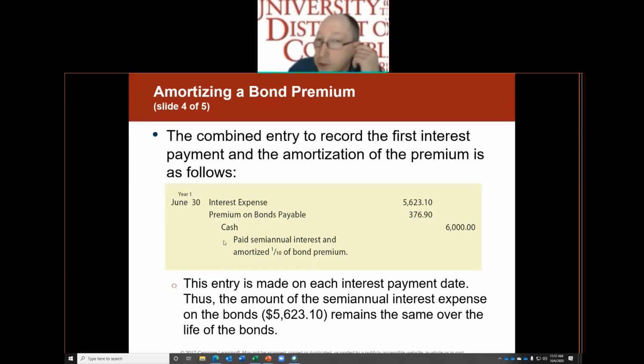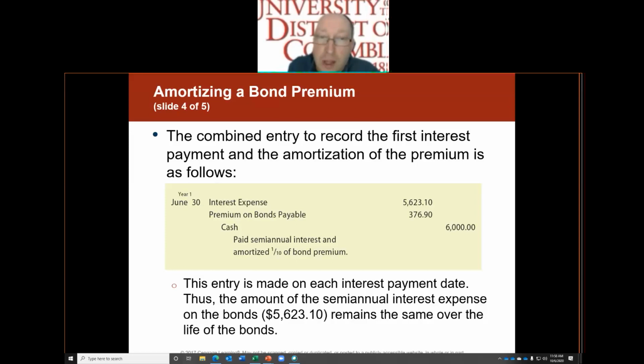So what does the journal entry look like? As you know, we still pay out $6,000 semi-annually for a $100,000 bond for 5 years.